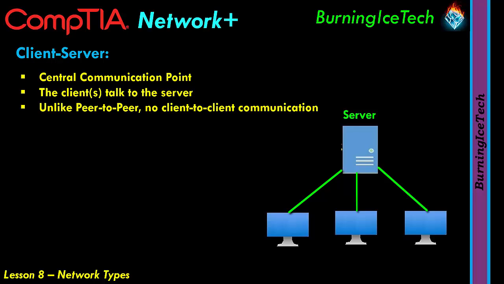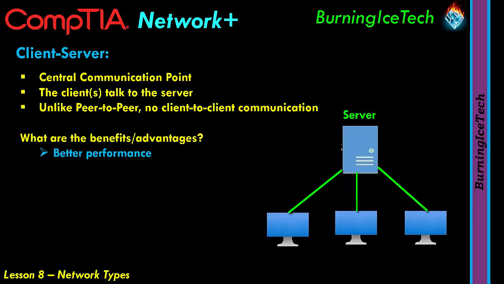Okay, and then regarding the benefits of this specific type of network, the first thing is you'll have better performance, guys. Well, at least, especially if you compare this network to the previous peer-to-peer network, then you're going to have better performance. This client-server network will also give you much better administration. You'll have way more control over your network if you use this type of network due to the central communication point, guys.